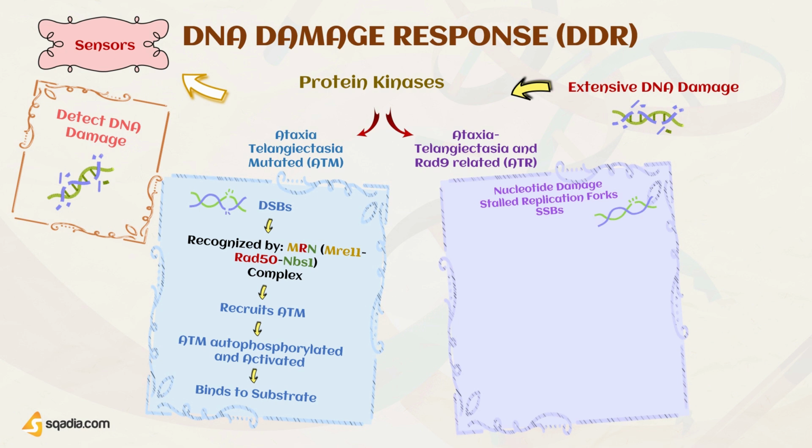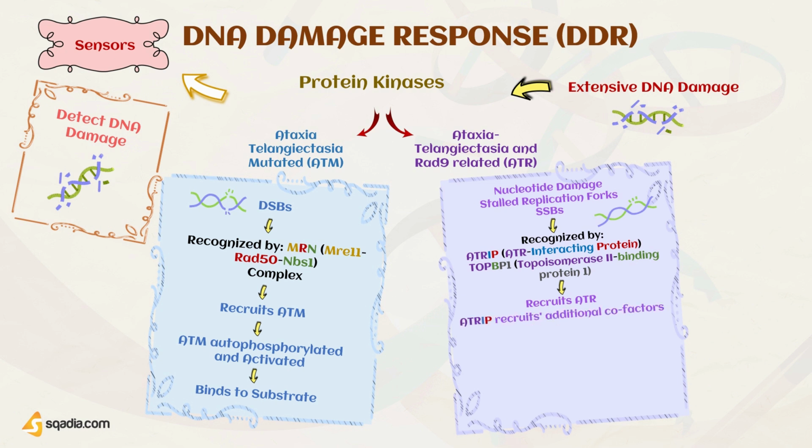These types of damages are recognized by proteins, such as ATRIP, or ATR interacting protein, and TOPBP1, or topoisomerase II binding protein 1. Then, they recruit the ATR to the site of damage.